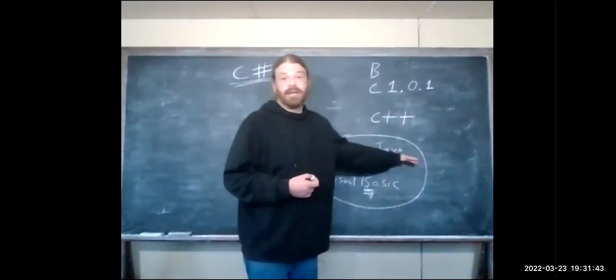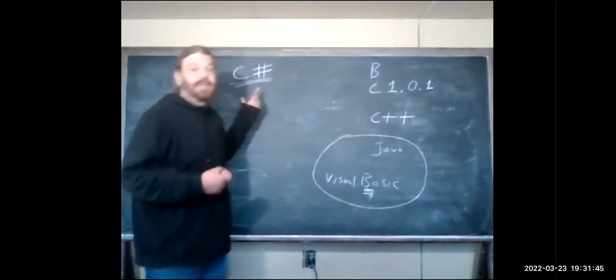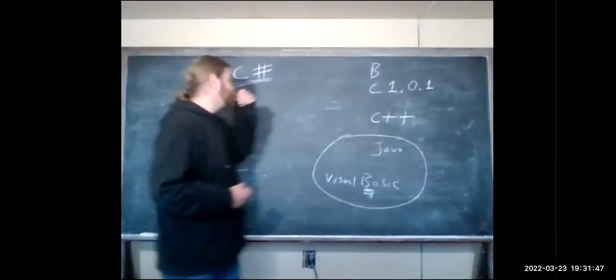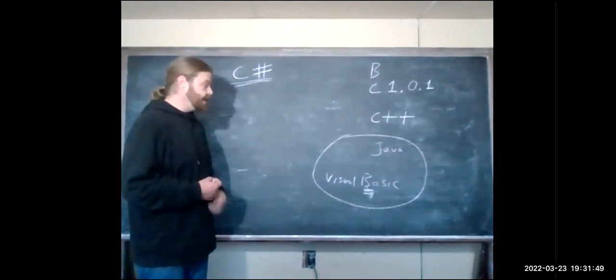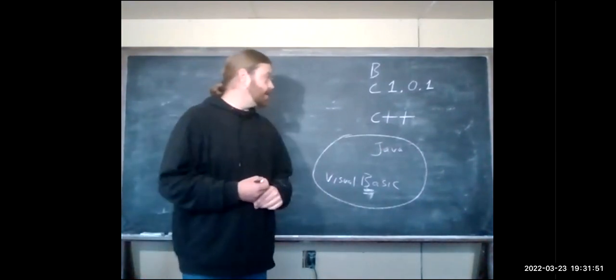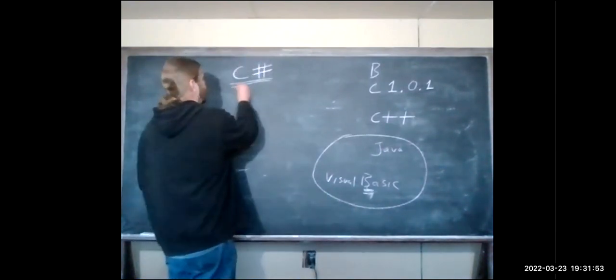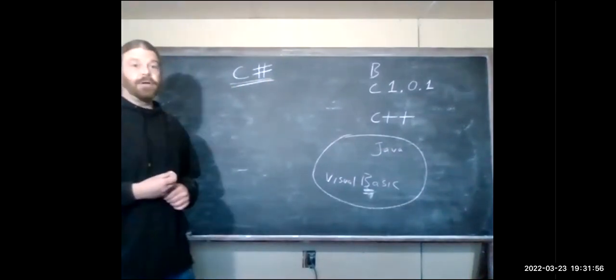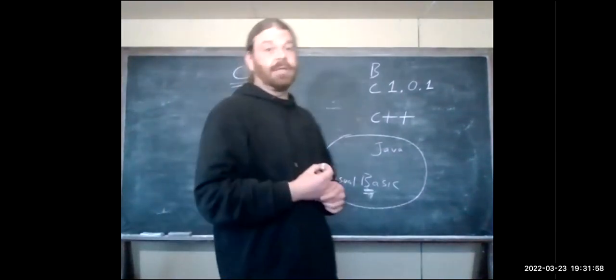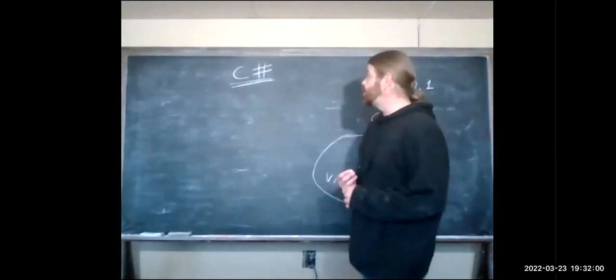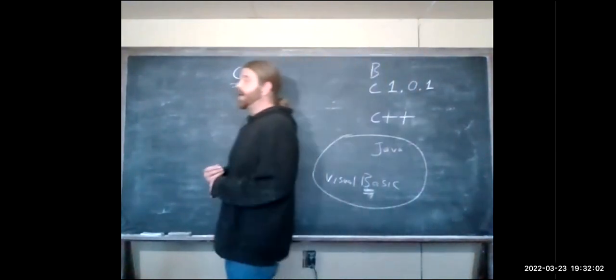But it doesn't run on the virtual machine like Java does. It runs on the actual machine like C++ does. So a very good language and a compiled language. It's become quite popular. And when they put Unity together, that's the language they chose to use scripting in. So we'll be looking at that.